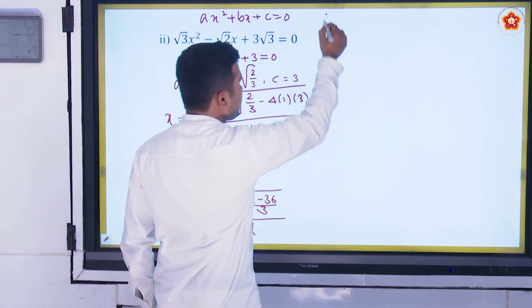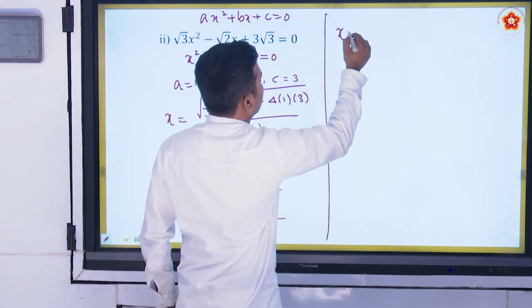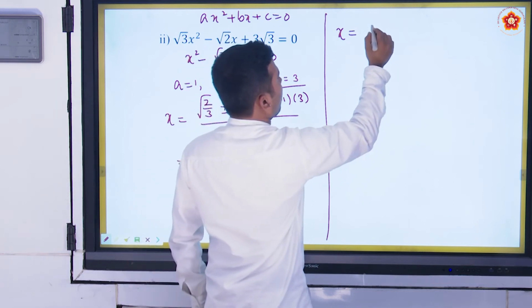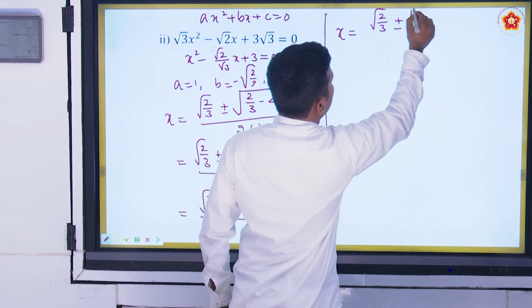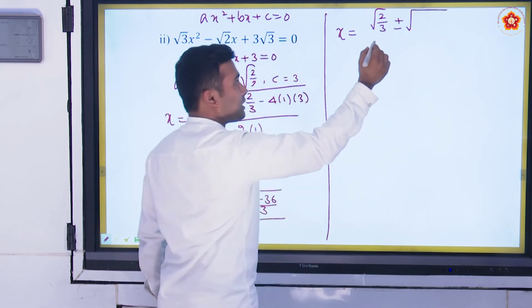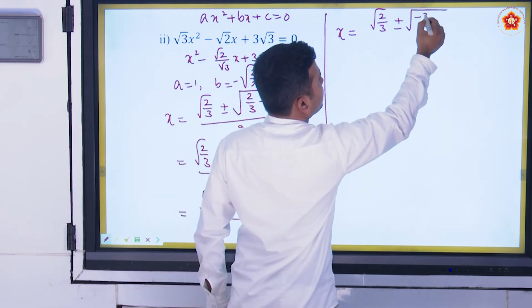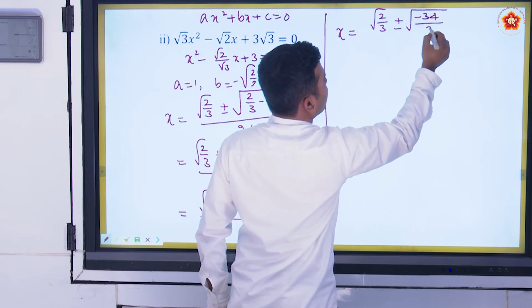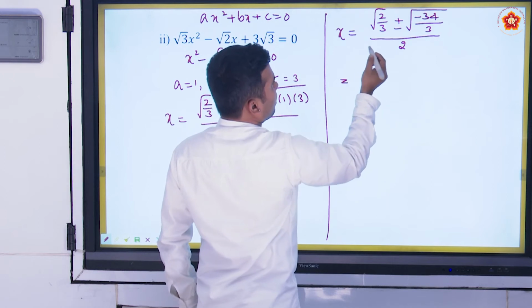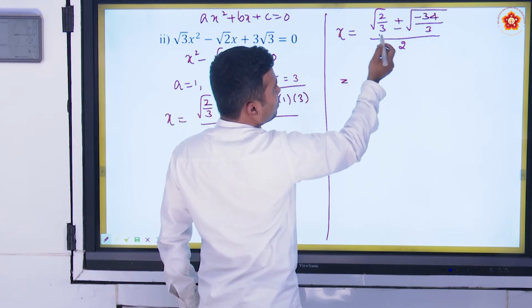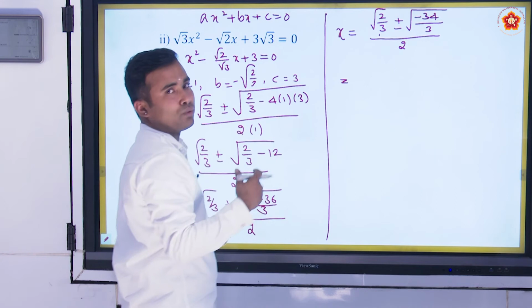So, continue this. x is equal to root 2 by 3 plus or minus square root of 2 minus 36, which will be minus 34, divided by 3, whole divided by 2, and I can simplify this. Here you can take 1 by root 3 common from the two terms.